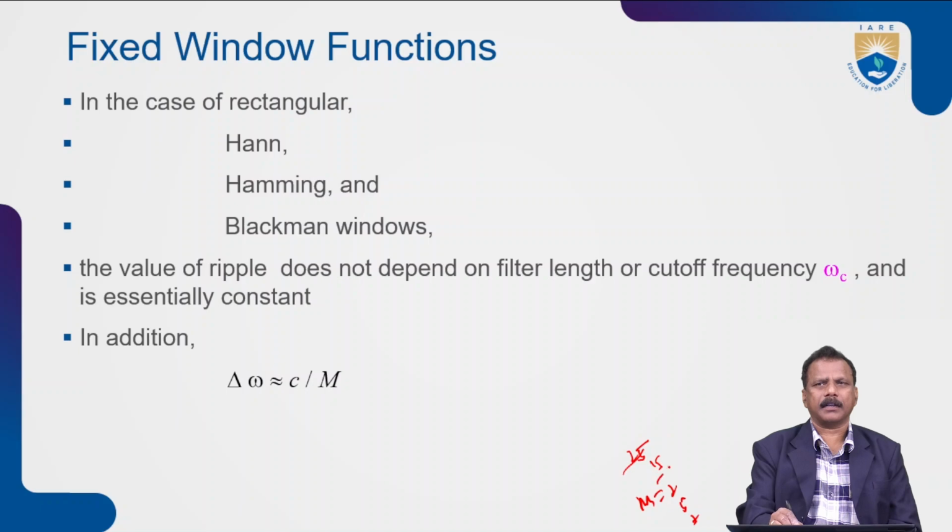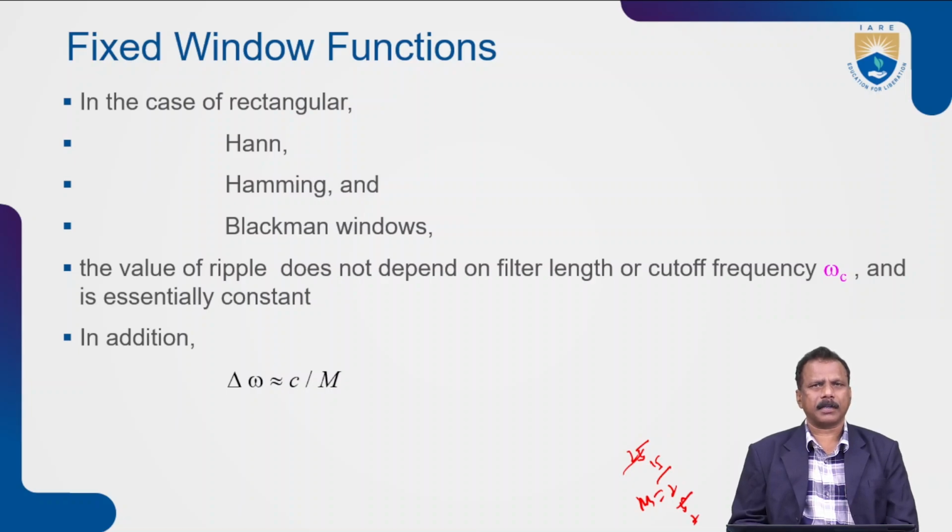Like this, the value of the ripple does not depend on the filter length or cutoff frequency omega c, and is essentially constant.